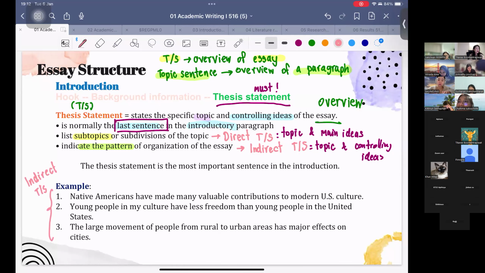So below here, short examples 1 to 3 are examples of indirect thesis statements.